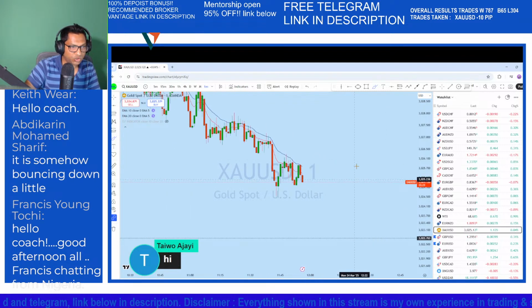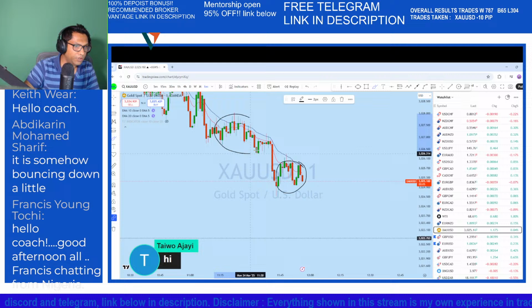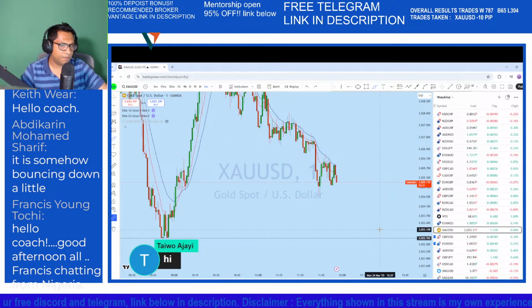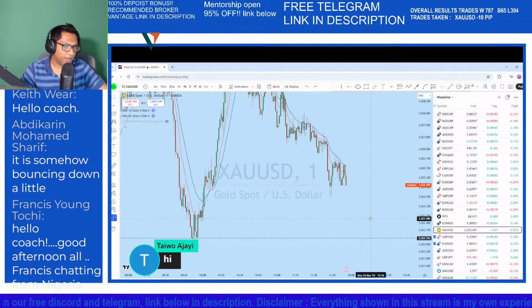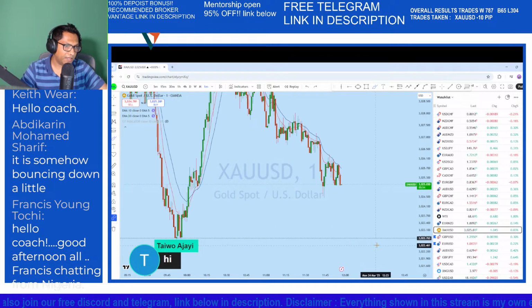So you can see this is a structure formation here, and also there is a structure formation, two important structure formations, and we would like to see that it's coming here, breaking that low.